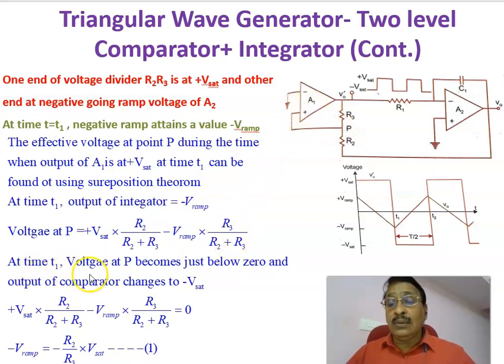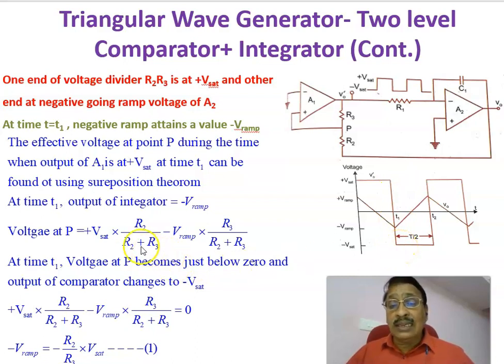At time t equal to t1, the voltage at P is going just below zero, and the output of the comparator changes from plus Vsat to minus Vsat. As this voltage is going just below the zero voltage, the output will change from plus Vsat to minus Vsat.